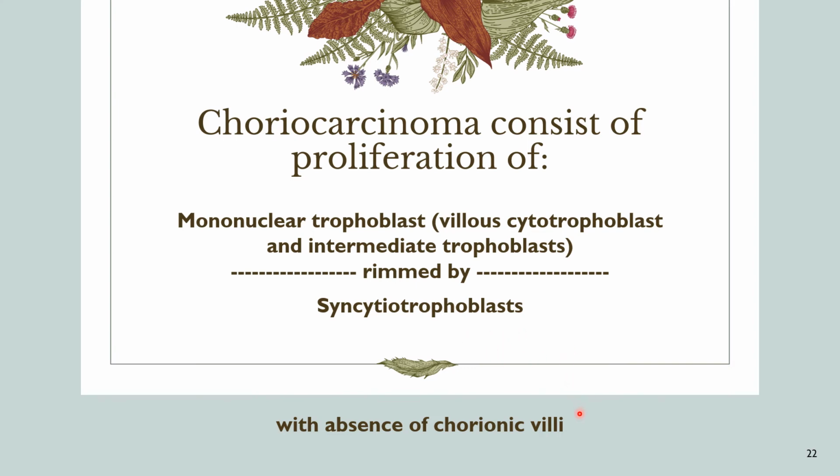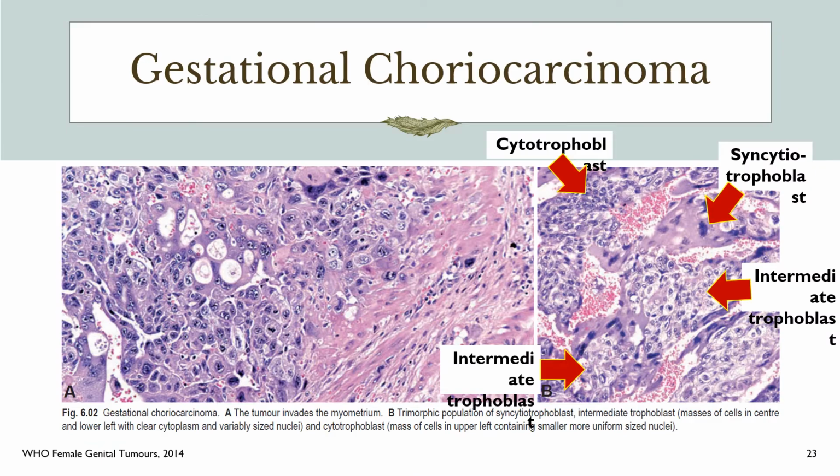And you have to remember that in this tumor, we cannot see any chorionic villi. Cytotrophoblasts have smaller uniform nuclei than the intermediate trophoblasts, while the intermediate trophoblasts have more clear cytoplasm.